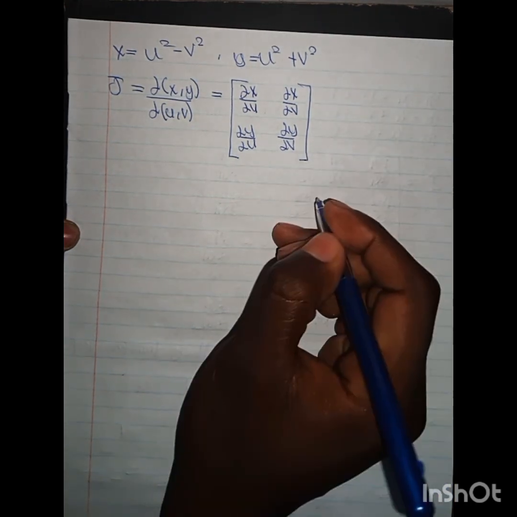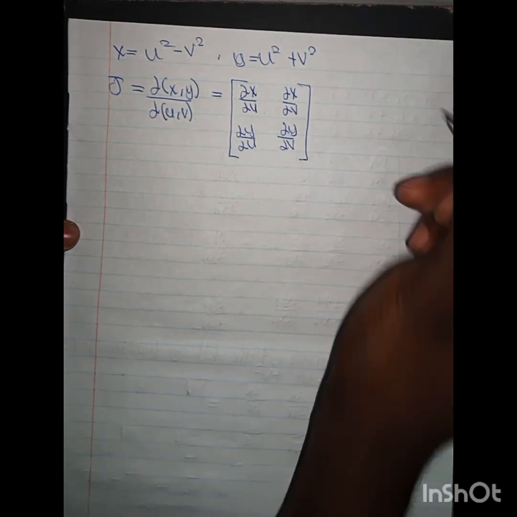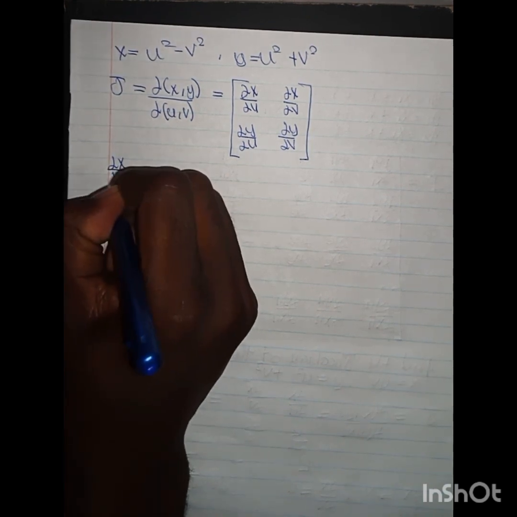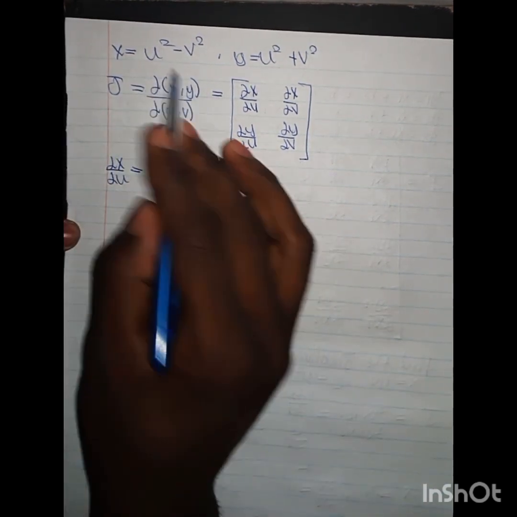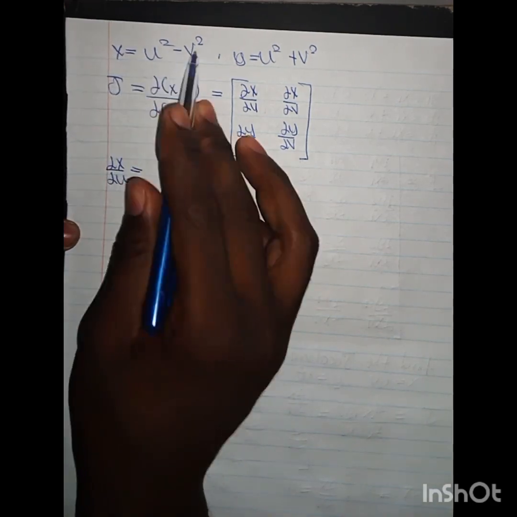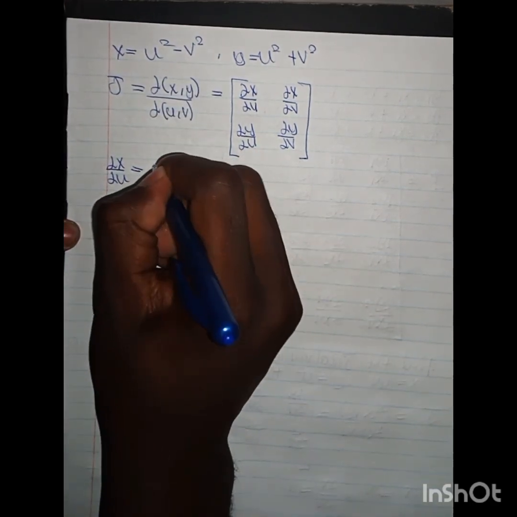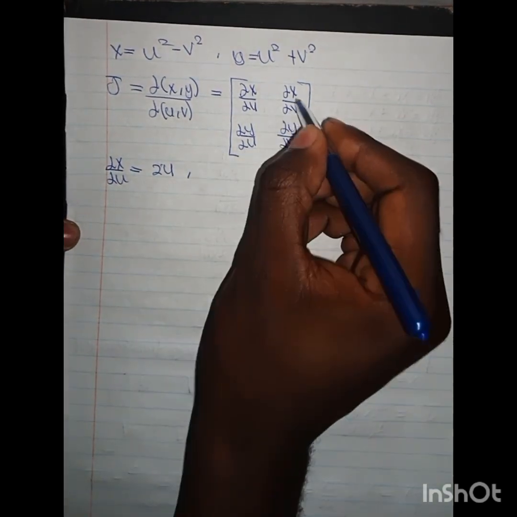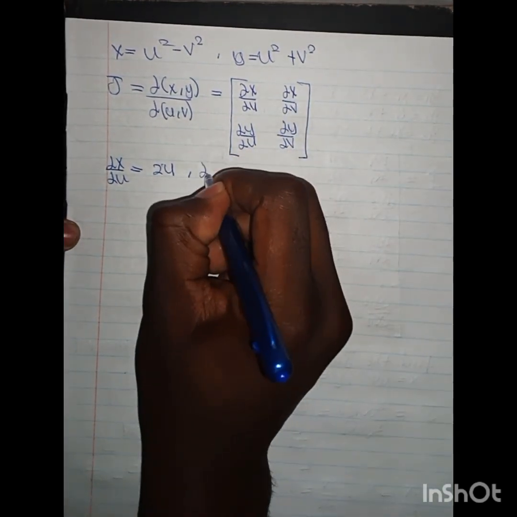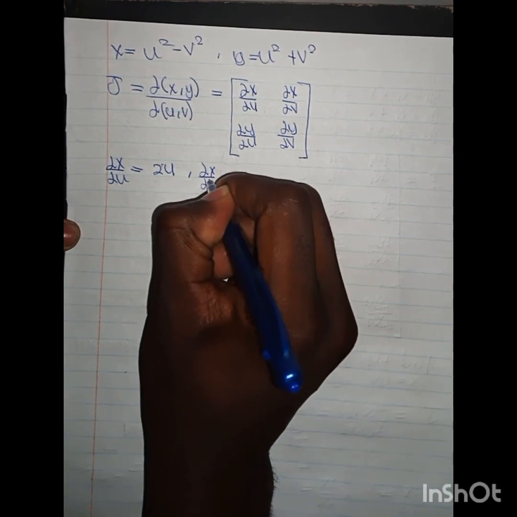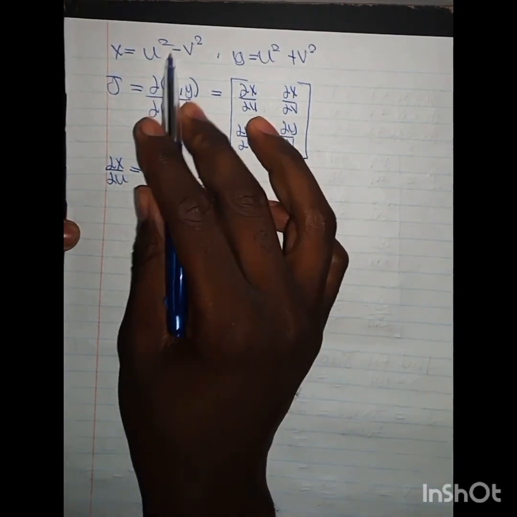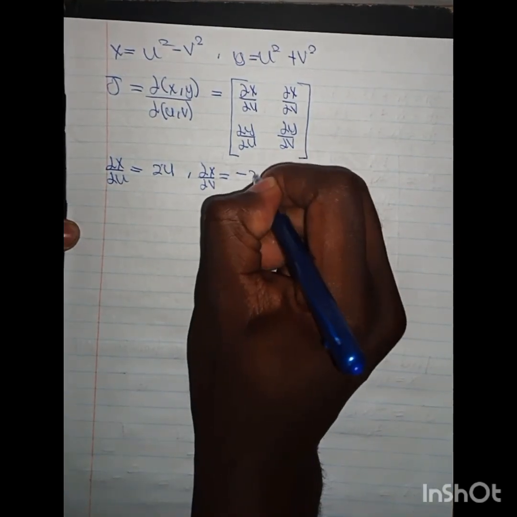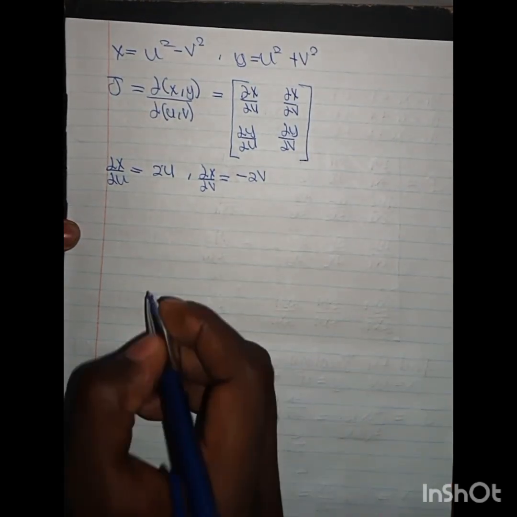Then from now on it is a matter of differentiating what we have. dx/du can be found from this equation. When differentiated with respect to u, this is just 2u like this, and then we go to dx/dv. We differentiate the same equation with respect to v. It means we'll have minus 2v.